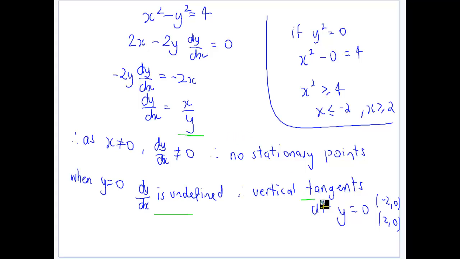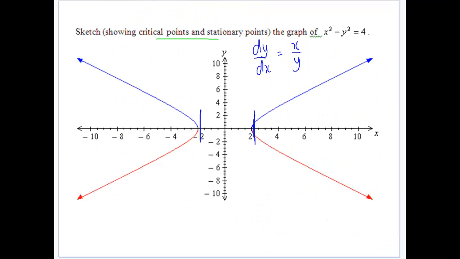We're going to get vertical tangents there. So we can see our vertical tangents occurring at 2 and minus 2. x is always going to be greater than 2 or less than minus 2.